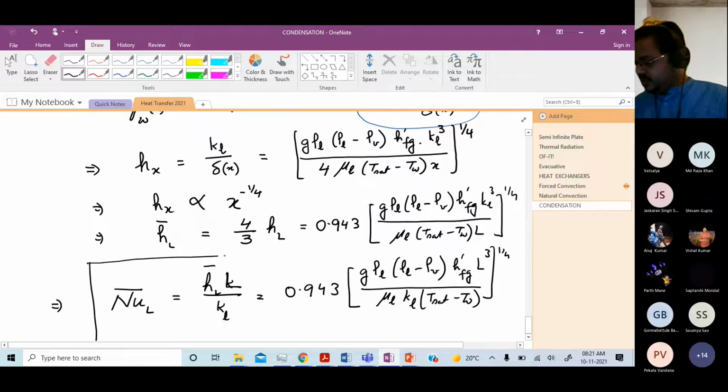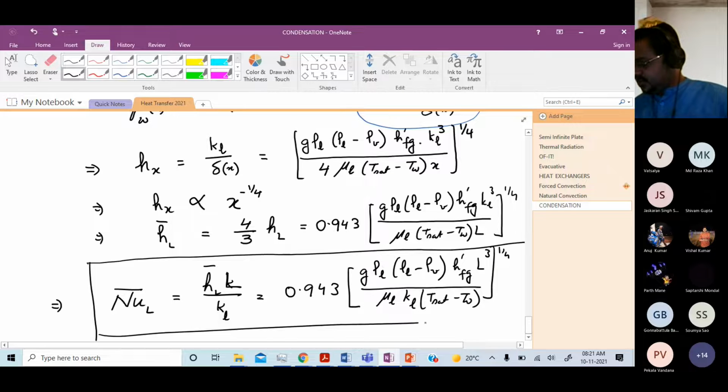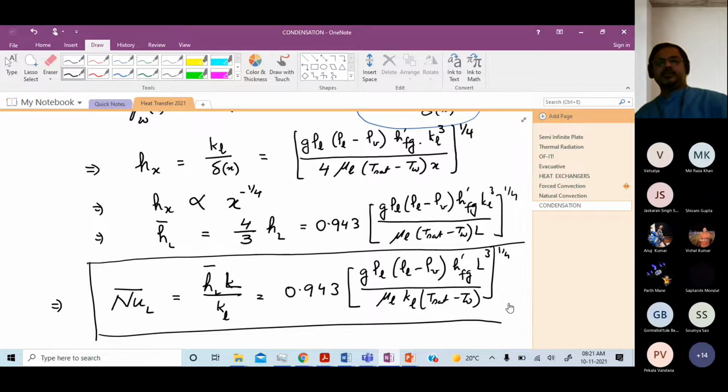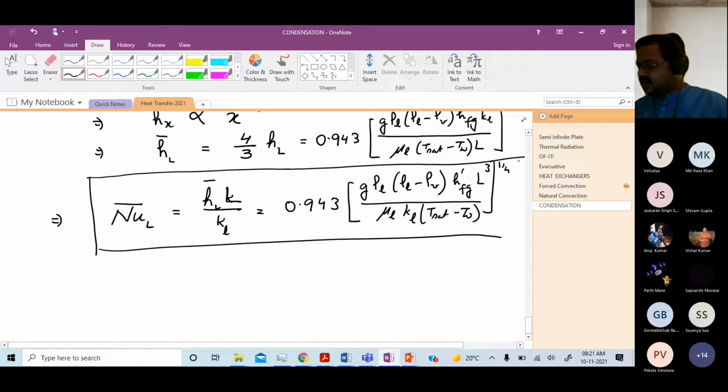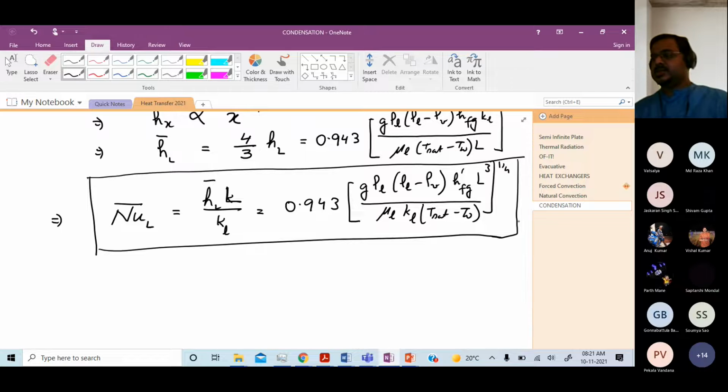So this, my friend, is the expression for Nusselt number for heat transfer due to condensation over a vertical plate suspended in a vapor at saturation temperature.